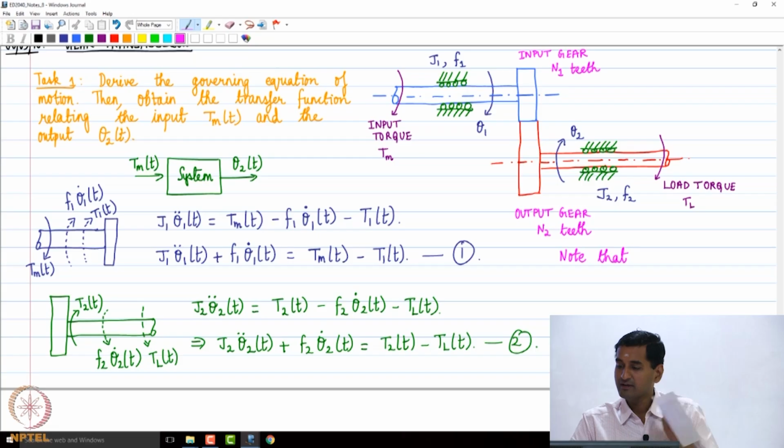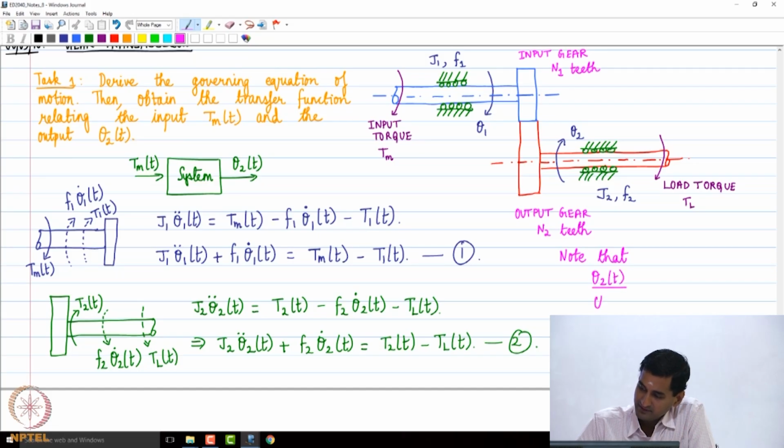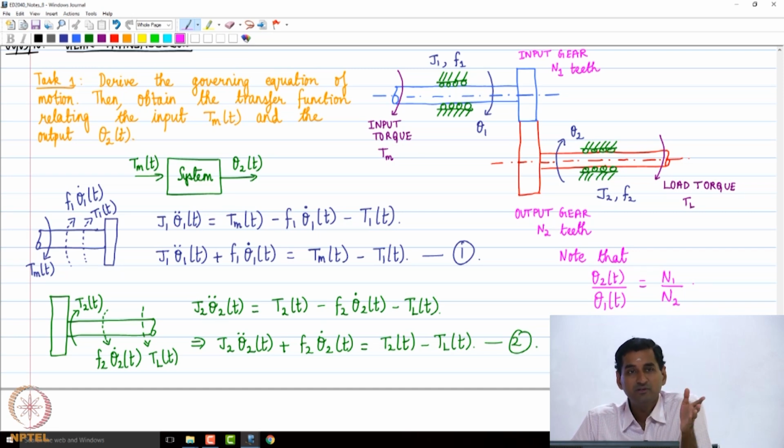Immediately one can note that theta 2(t) divided by theta 1(t) is going to be equal to N1 by N2. So there is going to be a relationship between the angular displacements and the number of teeth in the two gears in this manner.